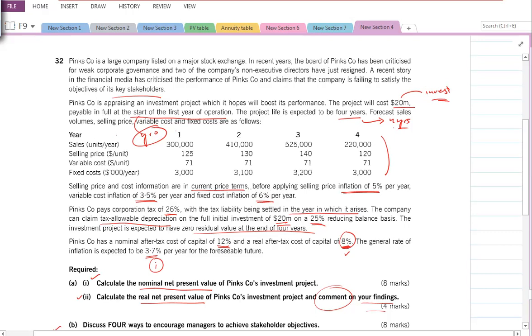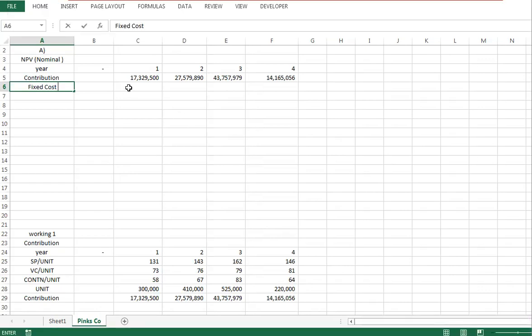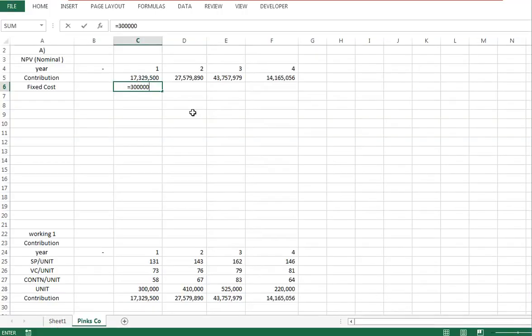So I'll say it's equal to 3 million. Sorry, it's not 300,000. It's 3 million, right? It's in thousands, so 3 million. And 3 million will need to be inflated up by 6%, so 1.06 raised to the power 1.